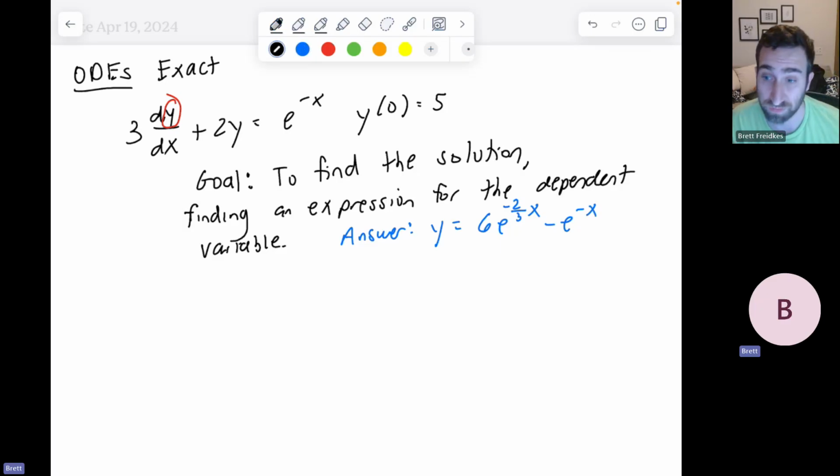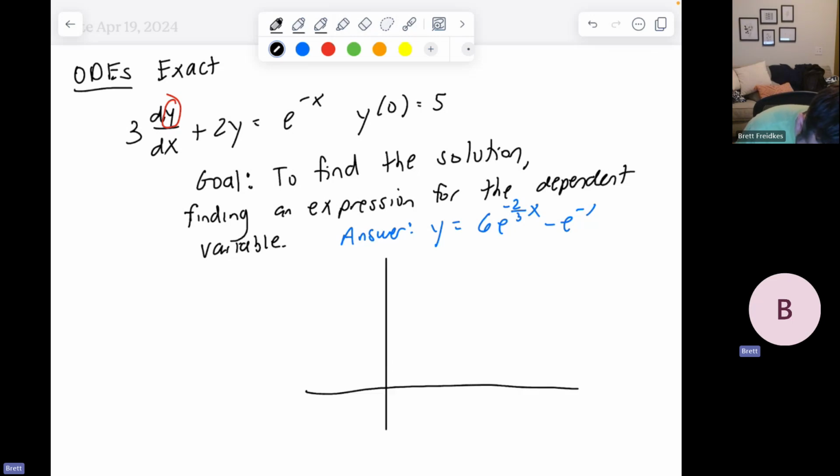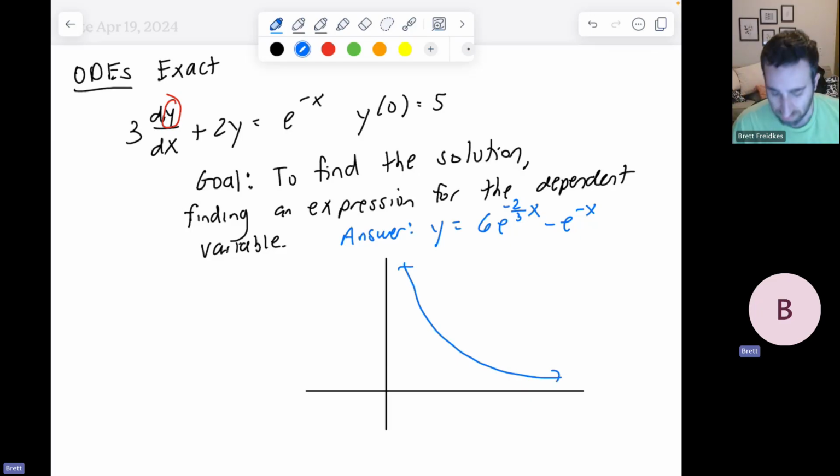If I were to graph this, and again, I don't know what this graph looks like perfectly, but it's some sort of negative exponential. So maybe it looks something like this. The idea is that if I were to pick any arbitrary point, this is some x comma y.